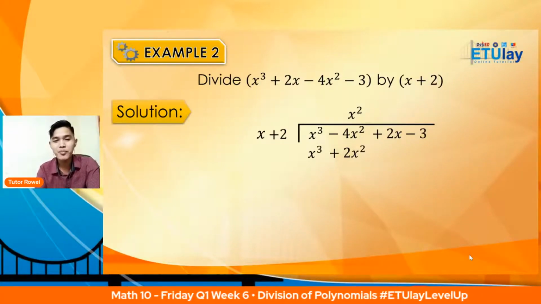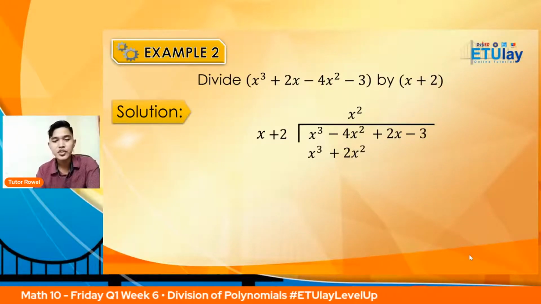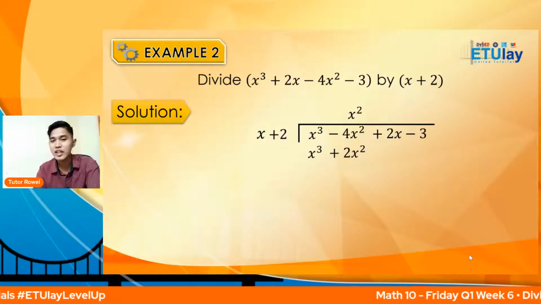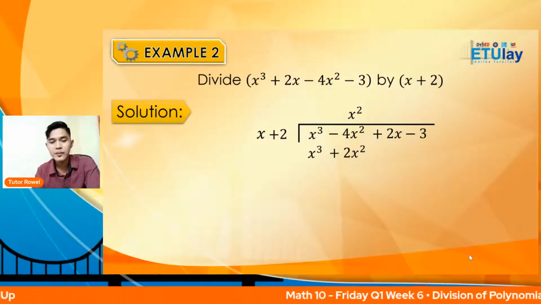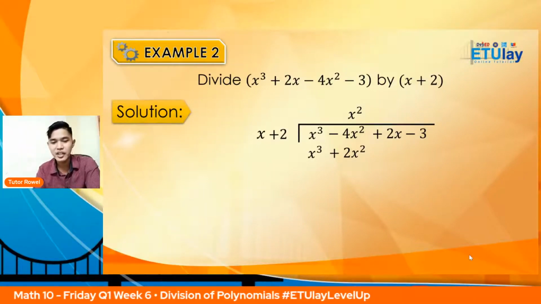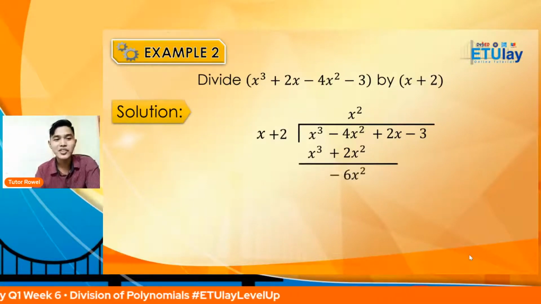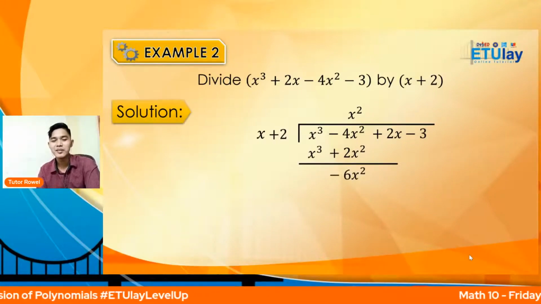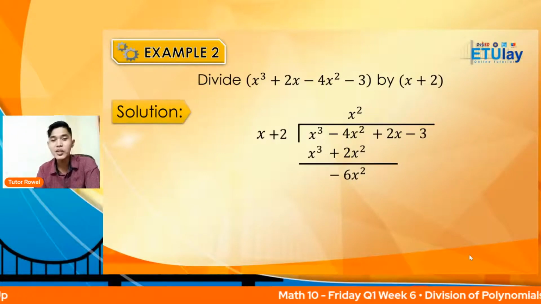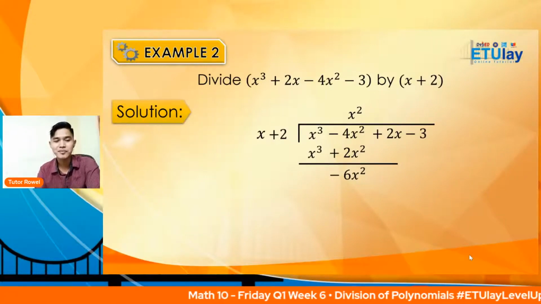When subtracting, the sign of the subtrahend is changed. So, x cubed minus x cubed is 0. We cancel x cubed. Negative 4x squared minus 2x squared. Since both are negative, it becomes negative 6x squared. Okay po? 2x squared became negative. Negative 4 minus 2, negative 6.